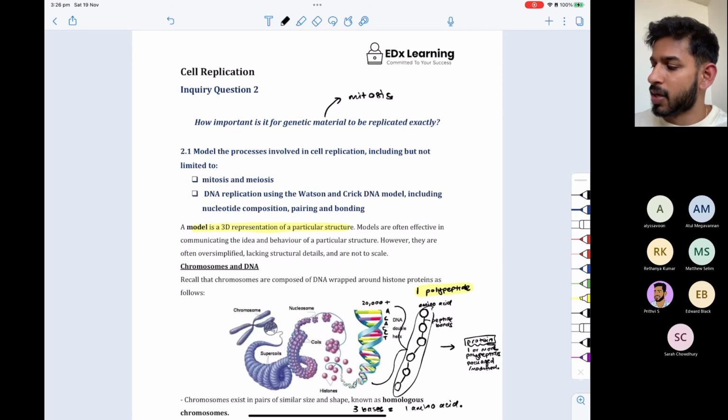So coming back, let me give you my answer to this question. Okay, I think it is important for genetic material to be replicated exactly in specific scenarios.